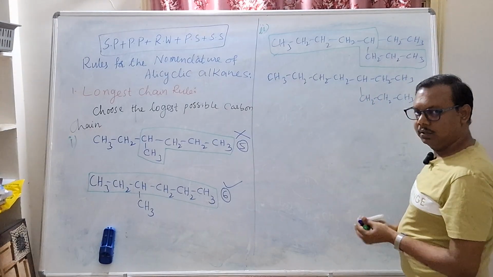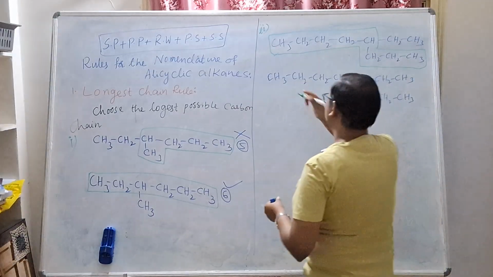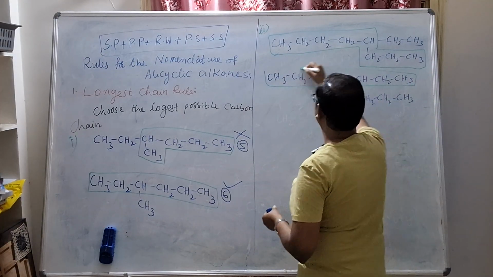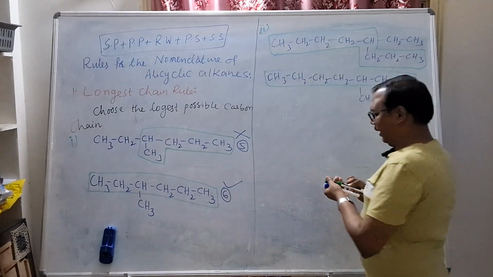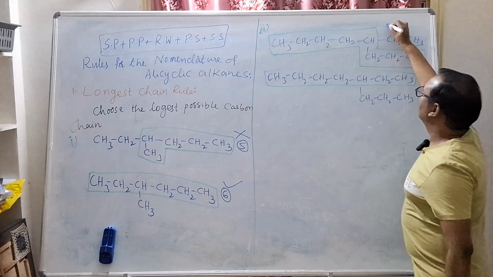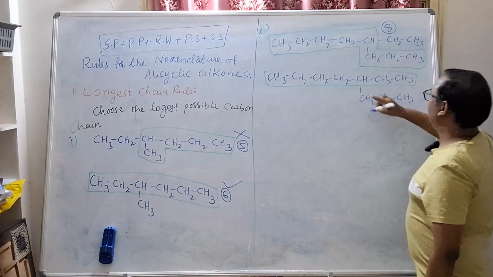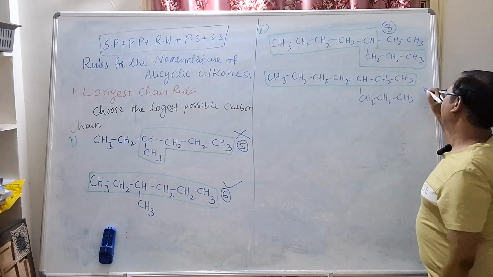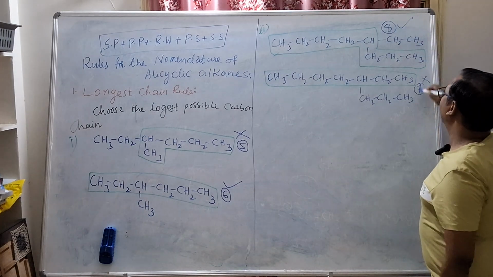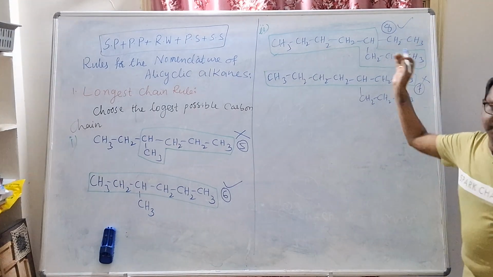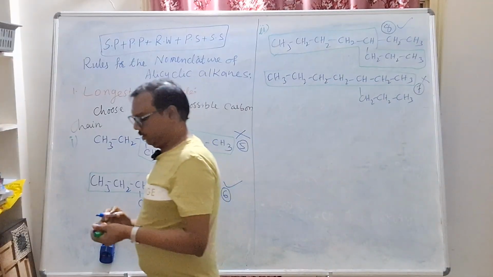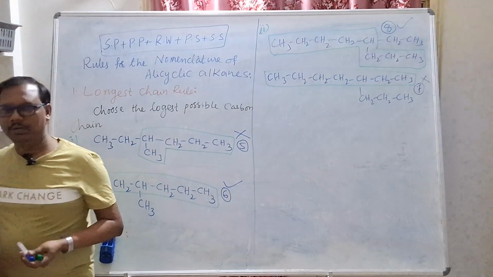This is the straight chain. Now, how many carbons does the straight chain contain? In the above case, there are 8 carbons. In the below case, 7 carbons are present. Therefore, 8 carbons is considered, 7 carbons is not considered, according to the longest chain rule. Keep that in mind, all of you.